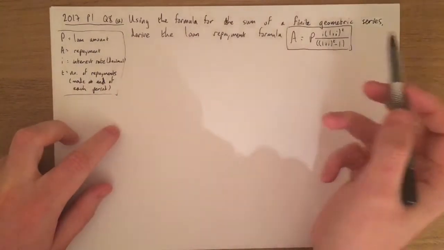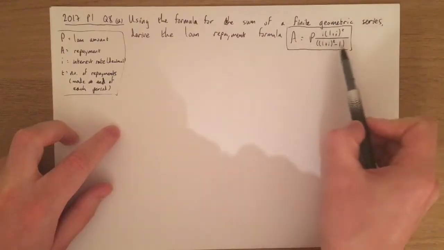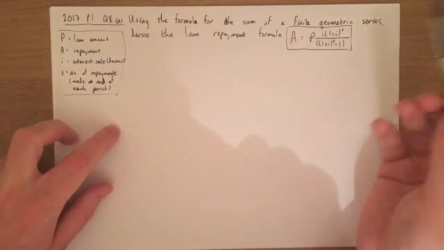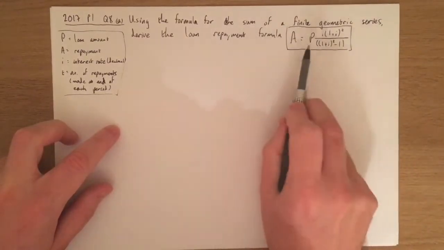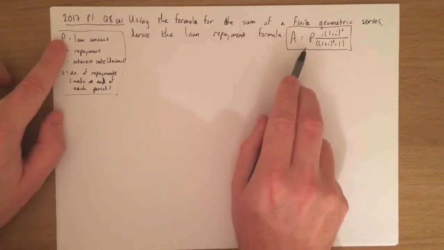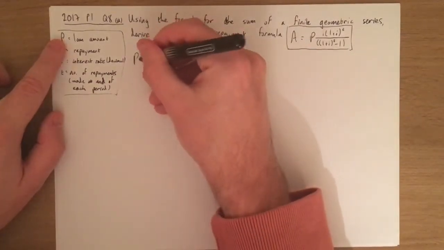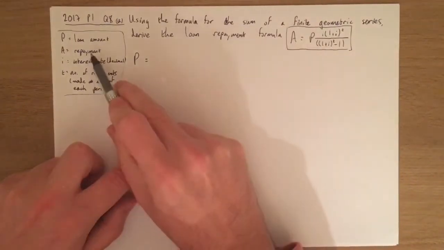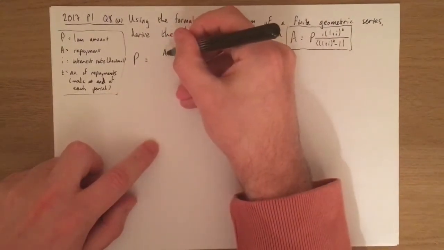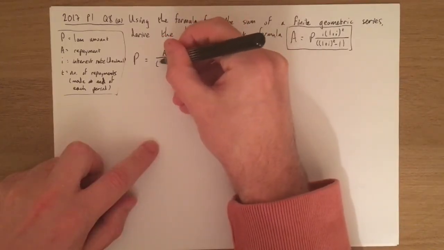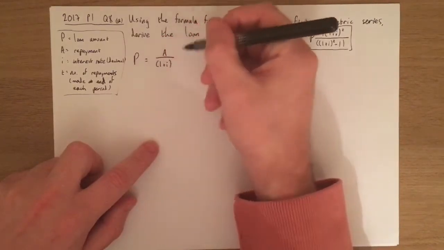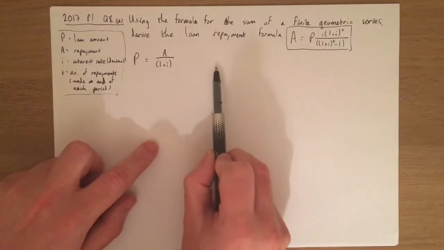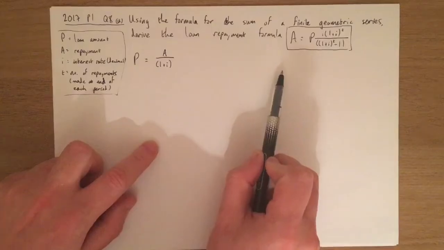So when we look at loan repayments as a geometric series, the amount we borrowed, so that's P in this case, is equal to the repayment, A, discounted by the interest rate. So the loan amount is the present value of all repayments added together.